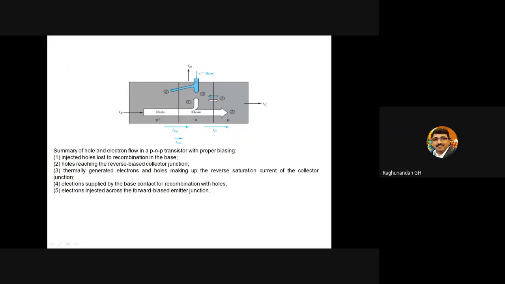You have seen the input characteristics and output characteristics in the lab, which we have already done. There you can see the VI characteristics. Is this the input characteristics or output characteristics?